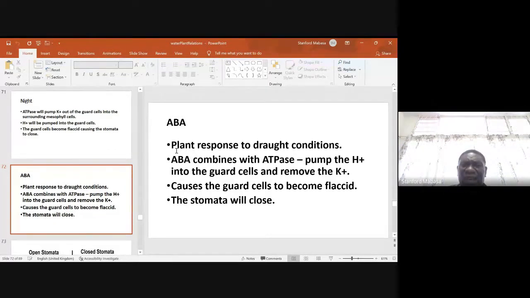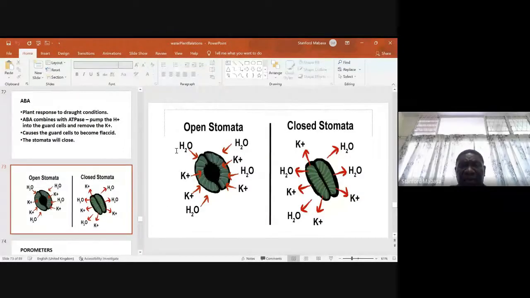So under drought conditions, the plant will respond via abscisic acid so that it can stop this transpiration, because it's going to damage the plants. So plants are quite sensitive to environmental conditions.